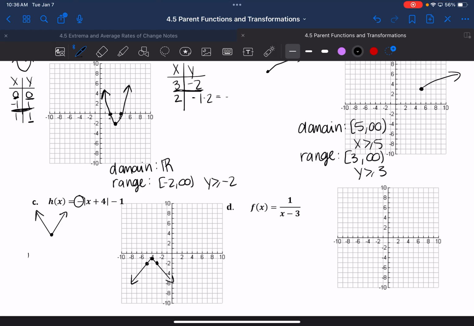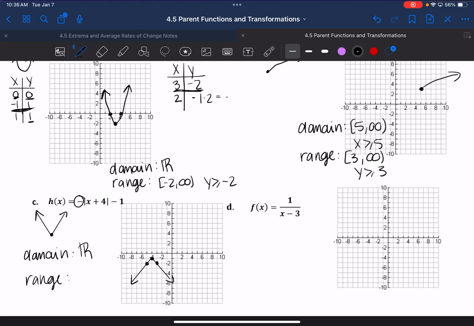And now we can state the domain and range. So what would you guys say the domain of this one is? All real numbers, very good. And what about the range? So yes, those are the correct numbers.